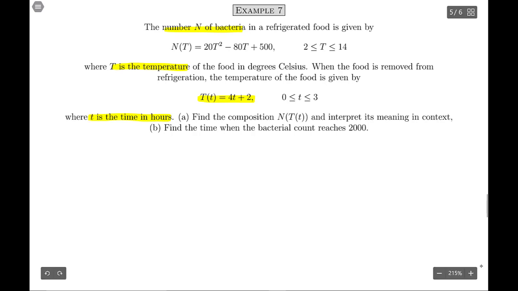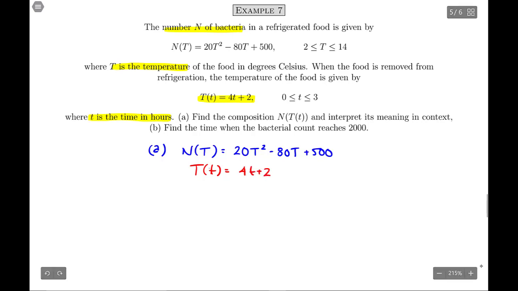So for part A we have N of t is equal to 20t squared minus 80t plus 500, and then we have T of t is equal to 4t plus 2.